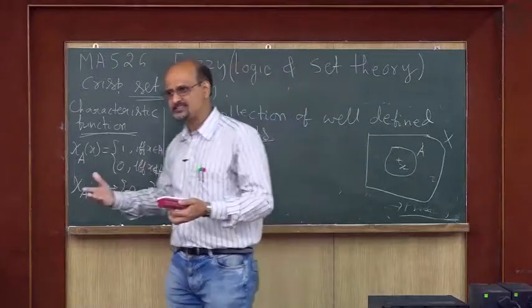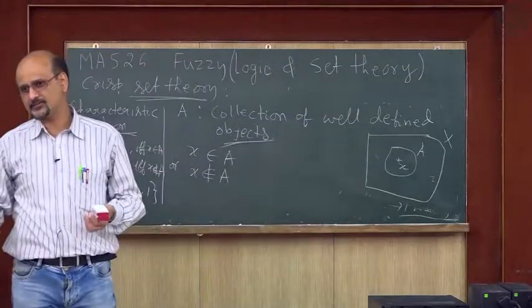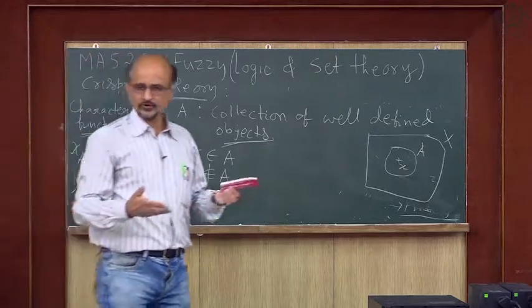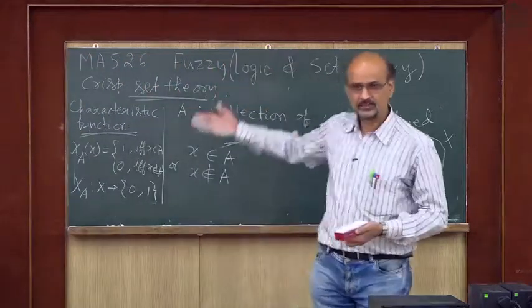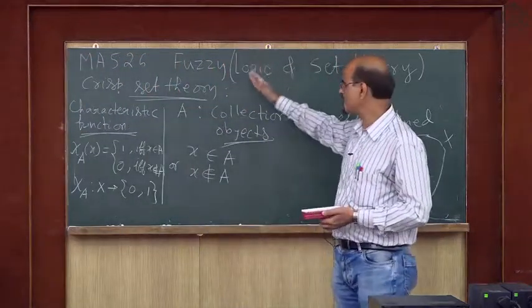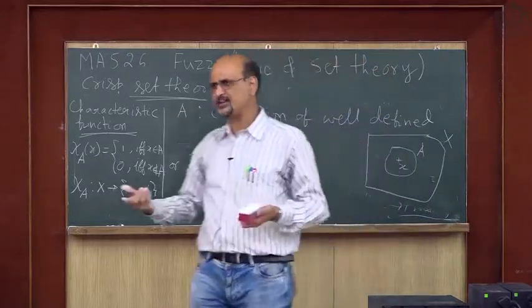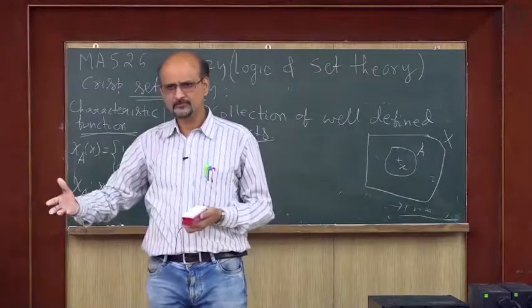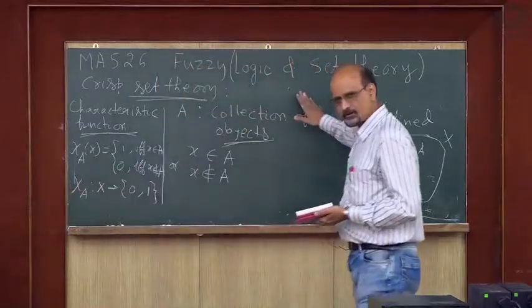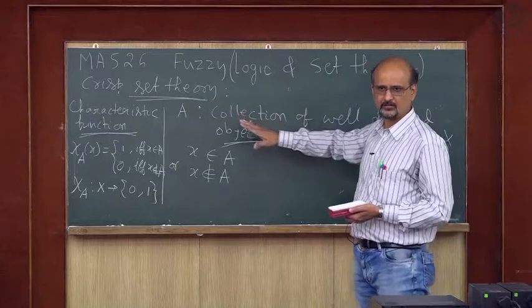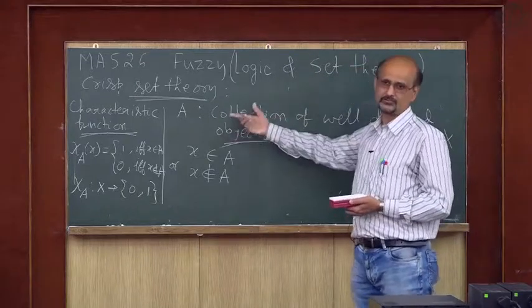So, it is very much essential and very important for practical applications, and for mathematics, any branch of mathematics, because we have not only fuzzy set, in fuzzy set theory we have fuzzy topology, fuzzy analysis, fuzzy group theory, fuzzy linear algebra, and nowadays fuzzy Lie algebra is also there.